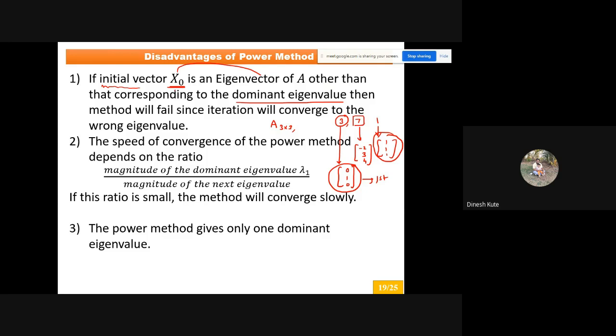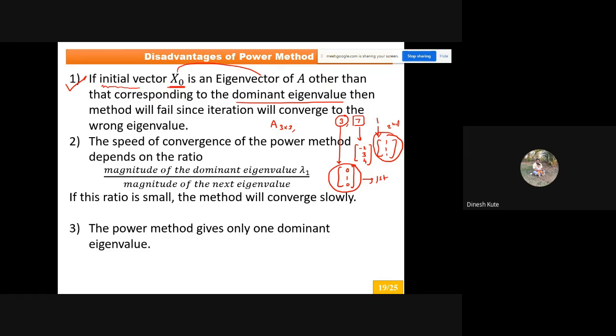We have some restrictions on the initial vector also. To avoid these two eigenvectors, the second being 1 1 1, if you take any random vector other than these two, you will definitely get the largest eigenvalue and its corresponding eigenvector. So this is your first drawback. Is this clear to everyone? Any doubt in this first statement?